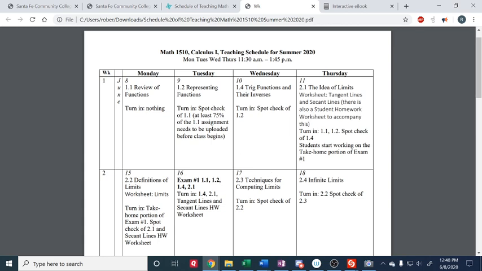Okay. And then what that does is that puts you in a great position to be able to ask questions. The problems that you really didn't understand, you get to ask and get clarification on. Notice the next day we have a spot check of 1.2. Every day after a section is covered, you're getting that spot check of that section, meaning you have to upload and have at least 75% of the problems done.